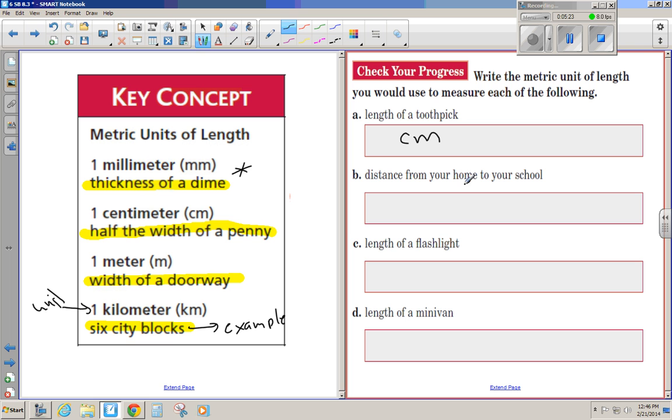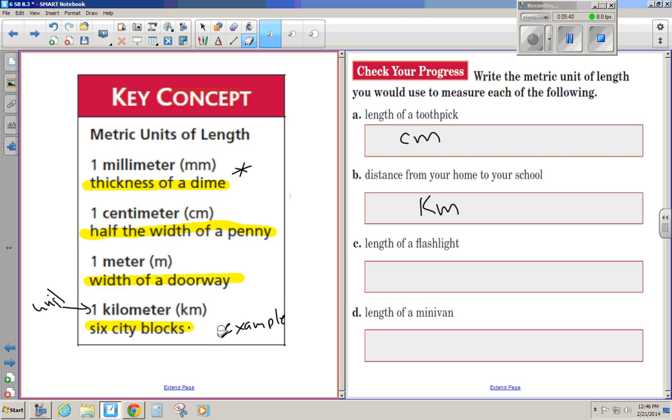Distance from your home to your school. Well, if you don't live right next to the school, then it is going to be quite far away. It's going to be about 6 city blocks. So kilometers is the best choice for that. Length of a flashlight.